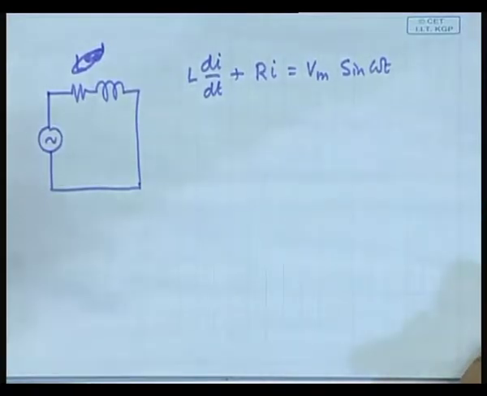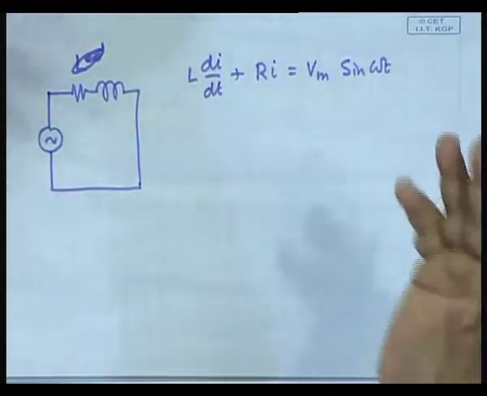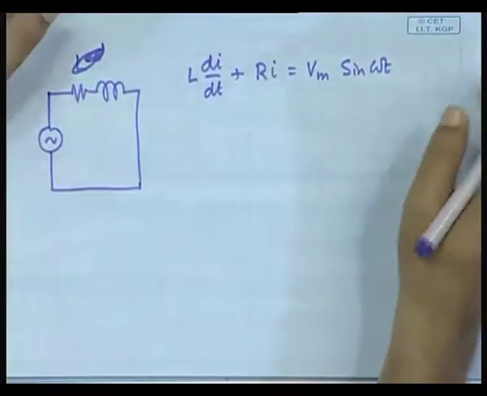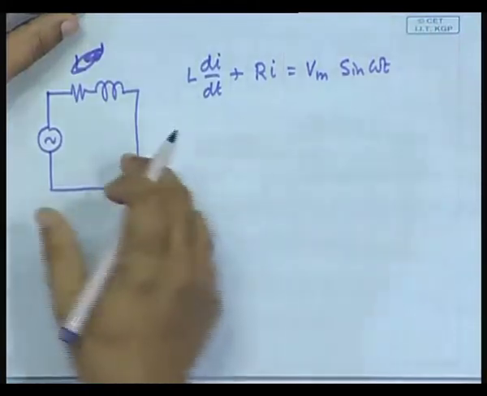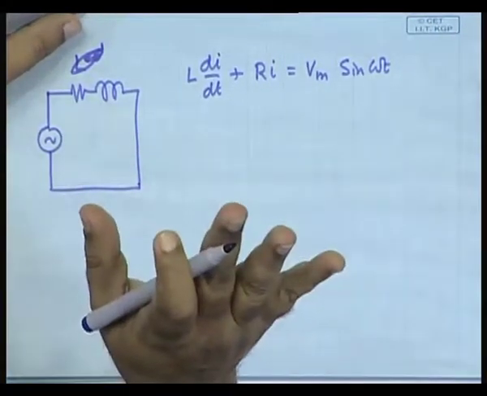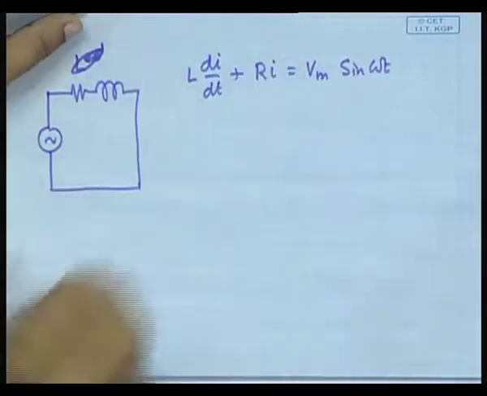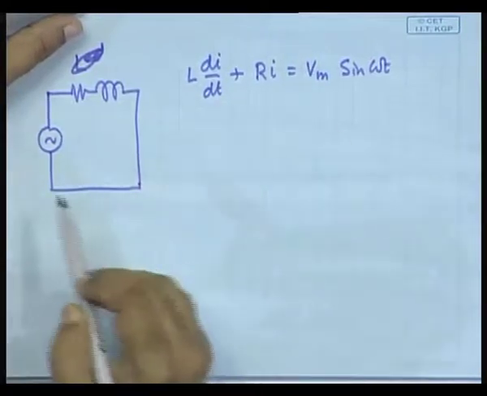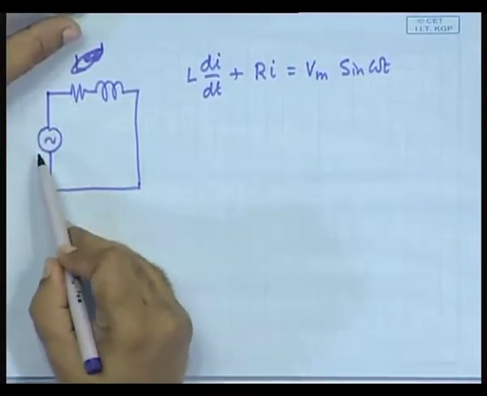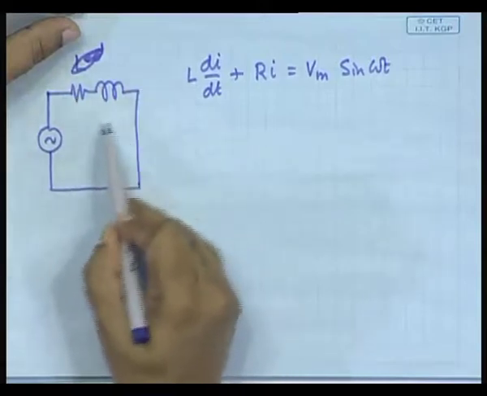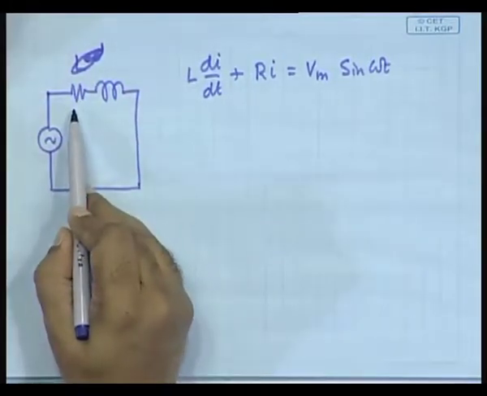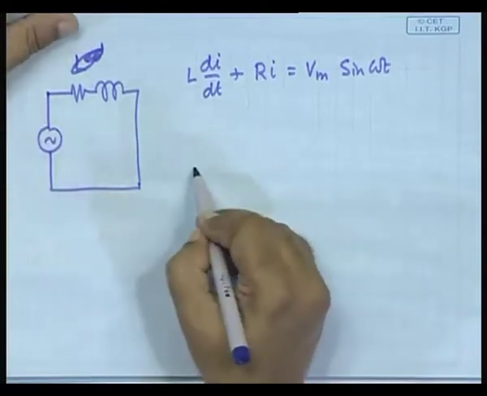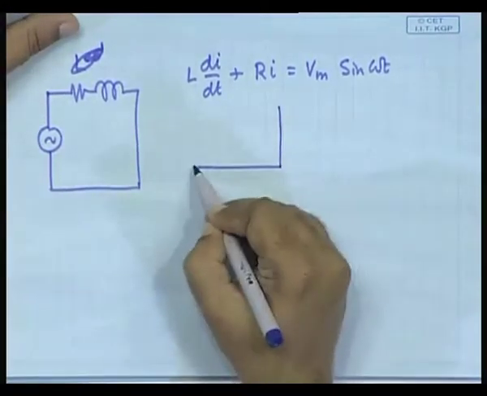What we can conclude? We will conclude exactly the way that we even learnt in the elementary electrical engineering classes, that the steady state solution, the particular one, will be this sinusoid, and this is seen as a Z, which is omega L and R. So, we will construct a triangle like this.